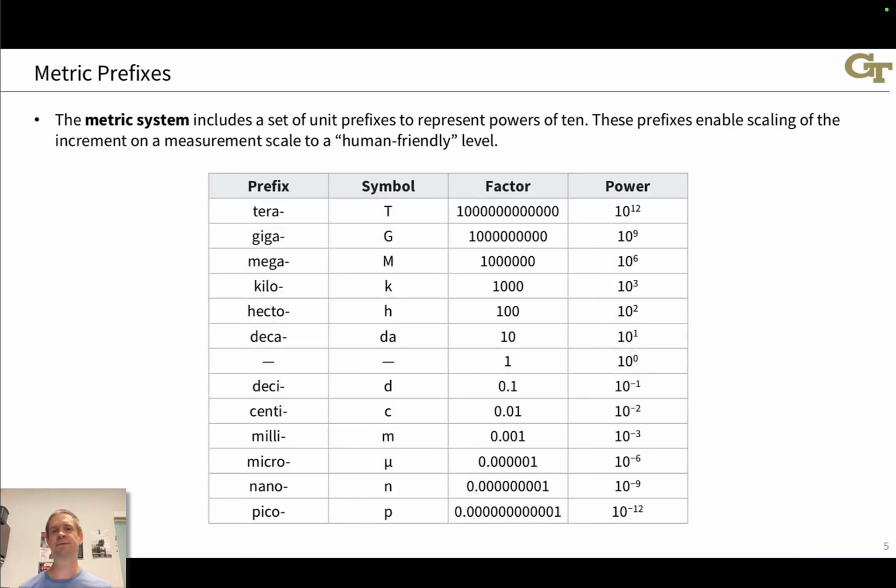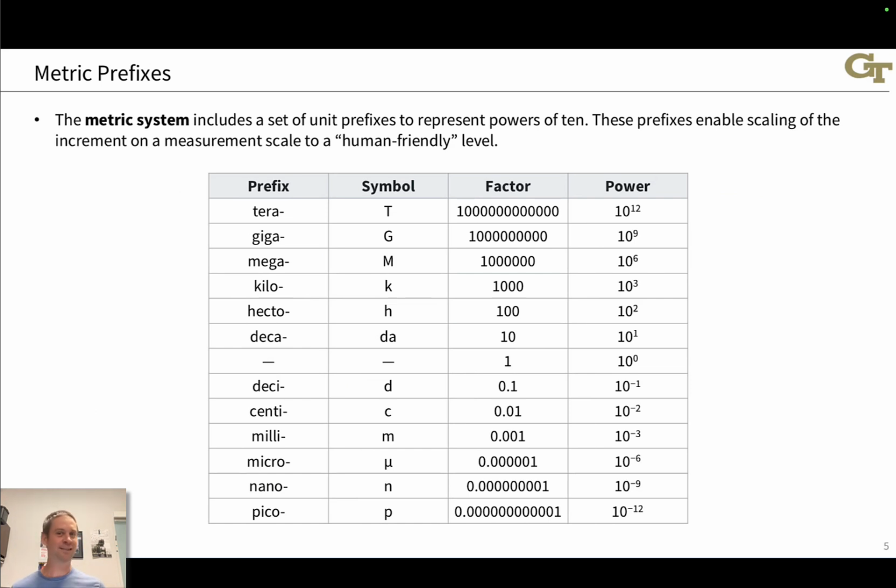The metric prefixes are the second part of the SI system that are really important to keep in mind. The metric system uses this idea that measurements happen at different scales, and a lot of those scales are not human-friendly. For example, if you think about the number of particles in a gram of aspirin, it's an astronomically huge number, so huge that it's hard for the human mind to even wrap itself around it.